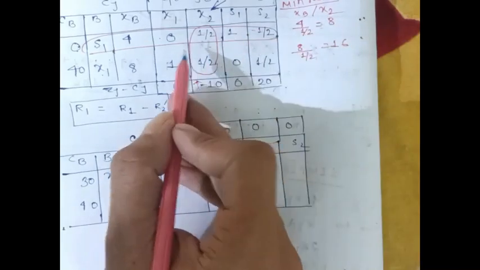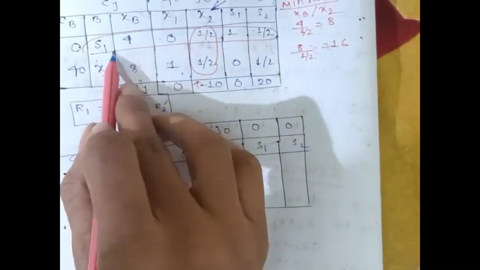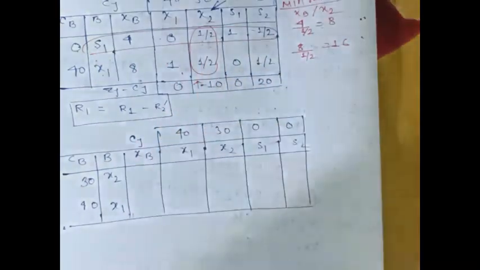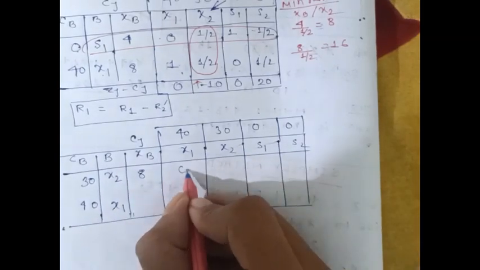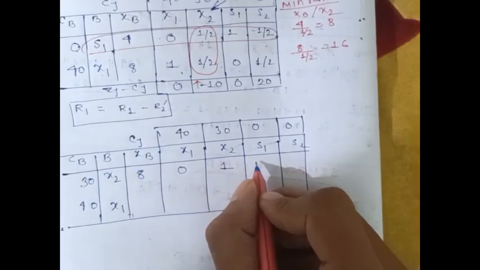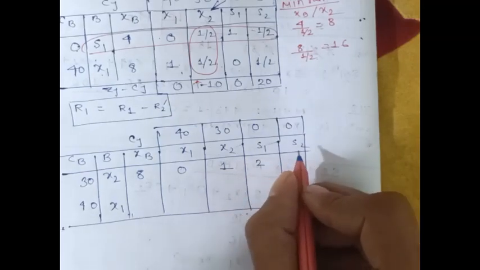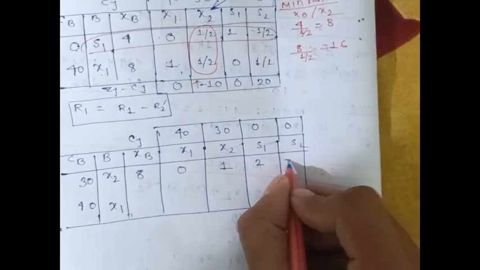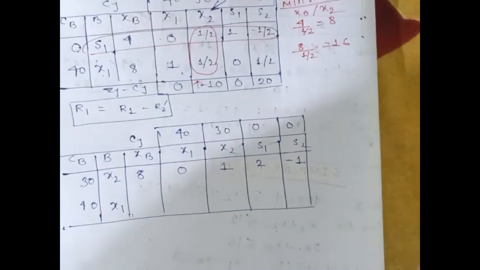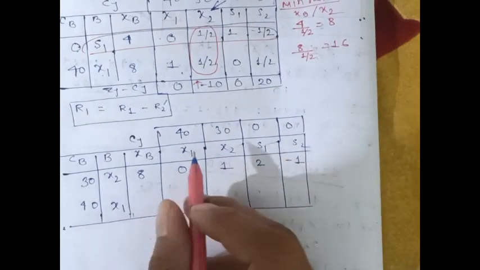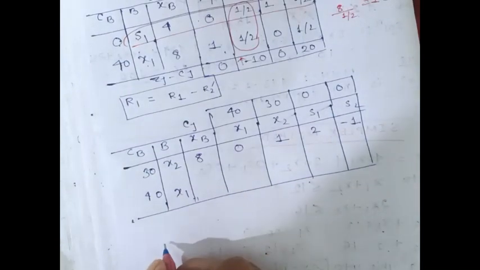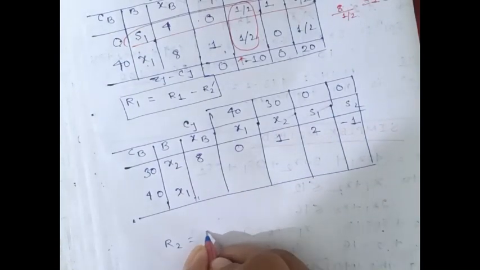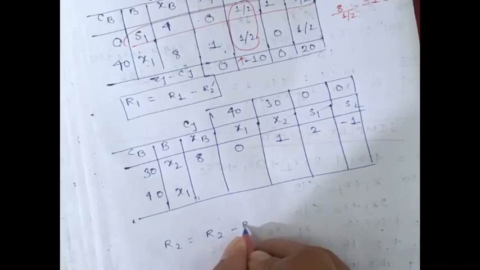So first we will divide this entire row with half. So 4 by half, it is 8, 0 by half 0, half by half 1, 1 by half 2, and minus half by half, it is minus 1. Okay, and again we will do a row operation here. r2 is equals to r2 minus half r1 dash.